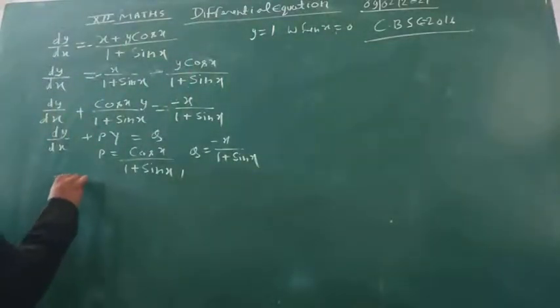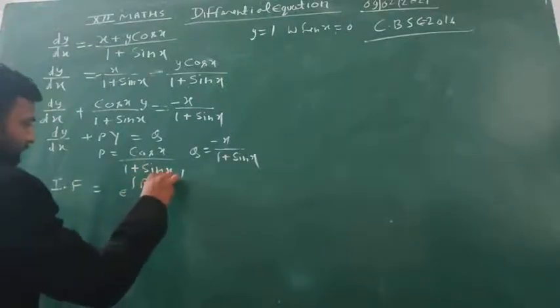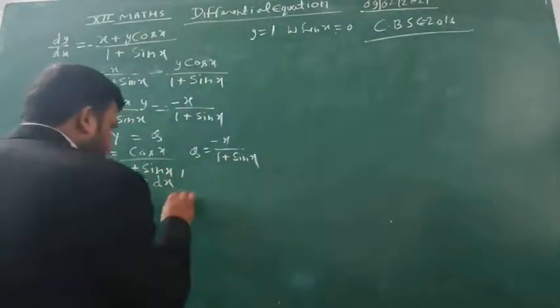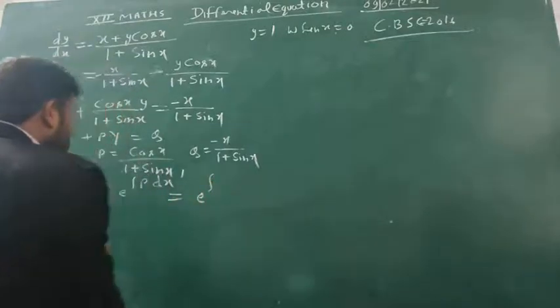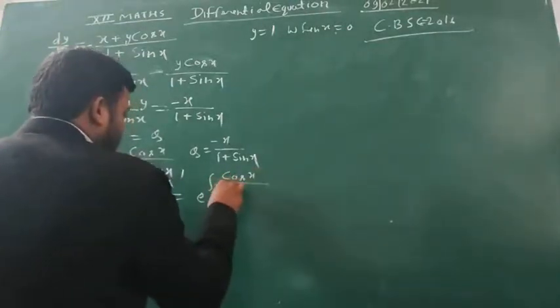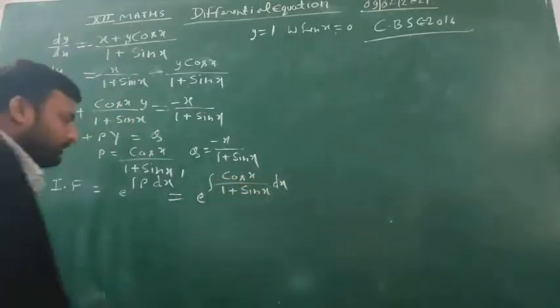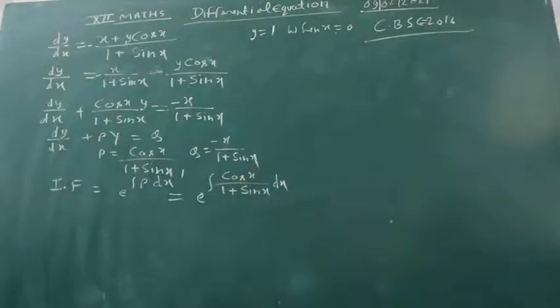So the integrating factor is e to the power integral of p dx, which is e to the power integral of cos x by 1 plus sin x dx.